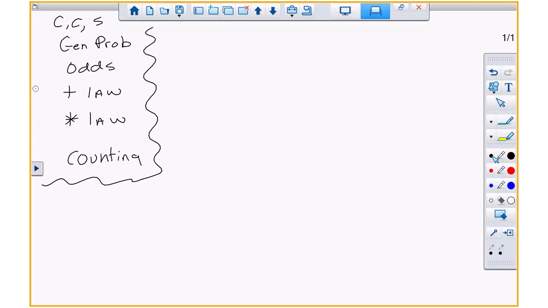Let's go over it. What is the probability of a heart in a deck of cards? 13 out of 52. Reduce that down, please. 1 out of 4. So let's talk about the complement. What is the complement of hearts out of a deck of cards?